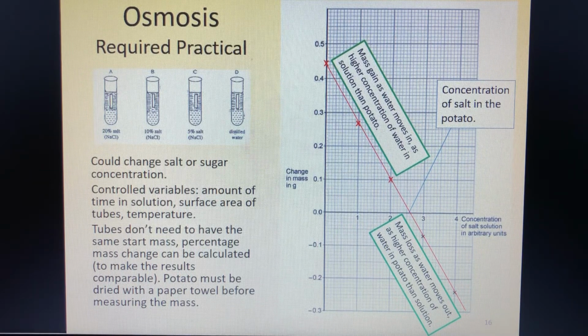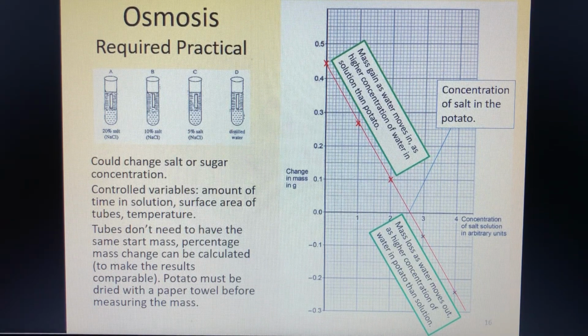If we had one bit of potato that started at 1 gram and one bit of potato that started at 10 grams, okay, the 1 gram loses 0.1 of a gram. The 10 gram loses 1 gram. You'd say, my goodness, 1 gram lost compared to 0.1 of a gram. That one is much different.